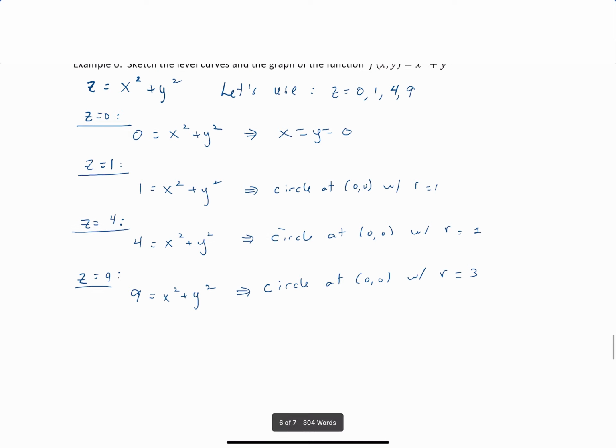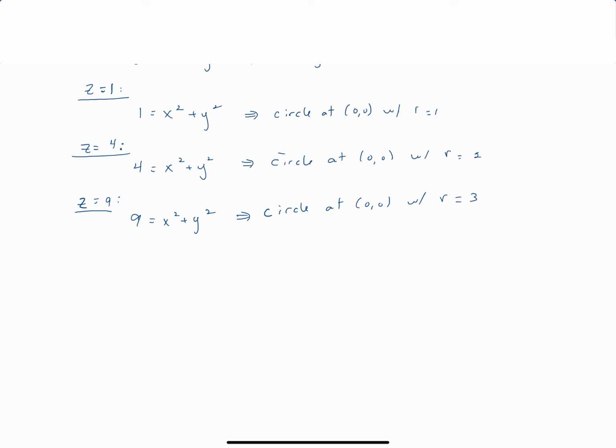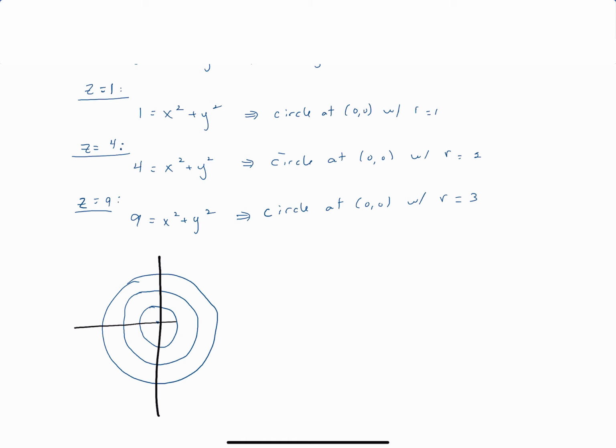Now, what does this look like? Got a circle of radius 3, circle of radius 2, circle of radius 1, and then I have that single point in the middle. So these are our level curves.